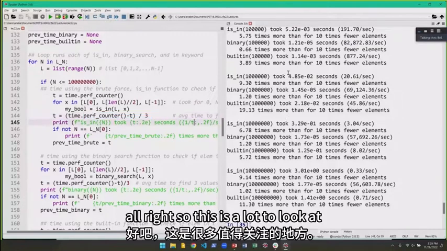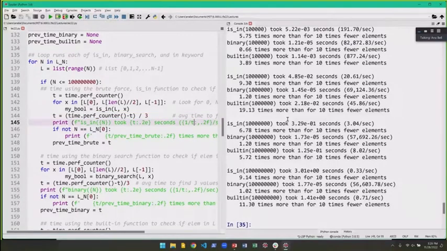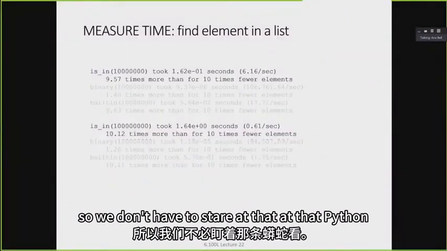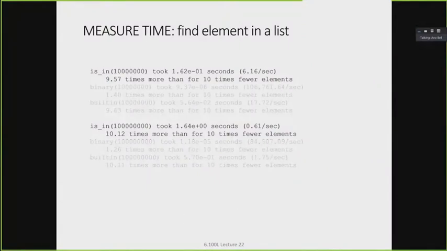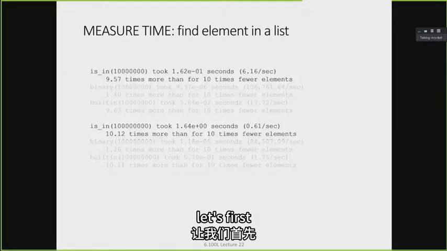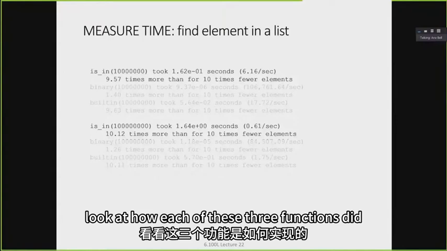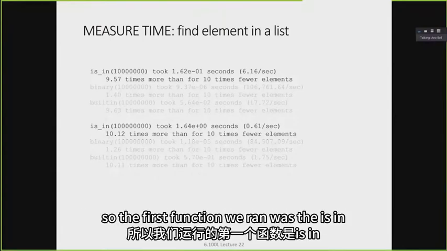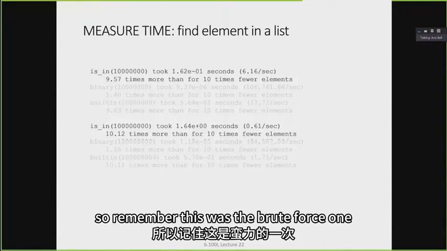All right, so this is a lot to look at. Luckily, I'm going to summarize it in the next few slides, so we don't have to stare at that Python screen. Okay, so we have 3 functions to run. Let's first look at how each of these 3 functions did individually, and then we can start comparing them to each other. The first function we ran was the isIn. Remember, this was the brute force one.